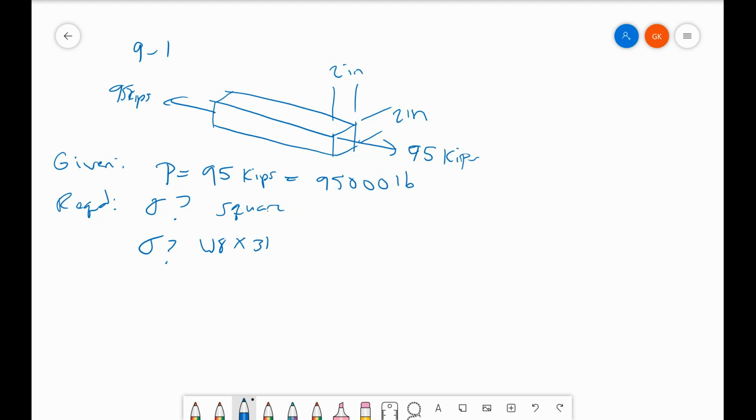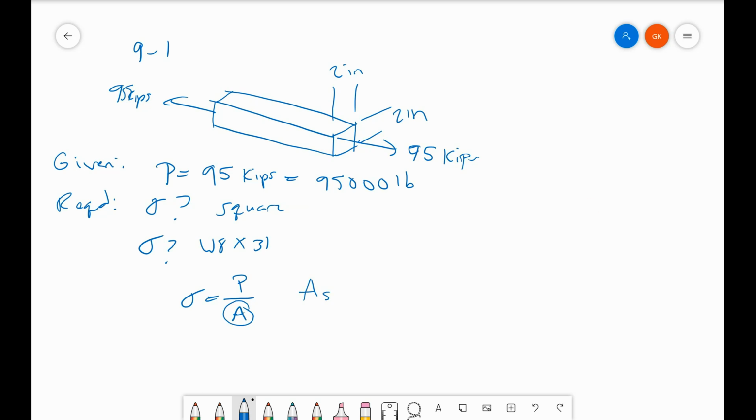Okay, so first off we write our stress equation. Stress equals load over area. In this case, the area is not too difficult to calculate. We don't really know this yet, but let's just act like we don't know how to do areas and figure it out.